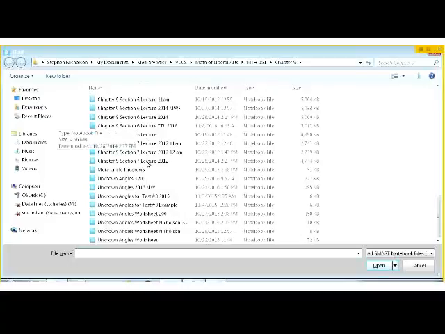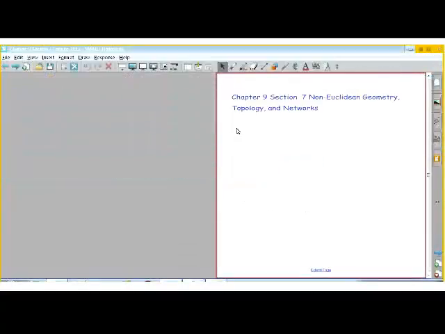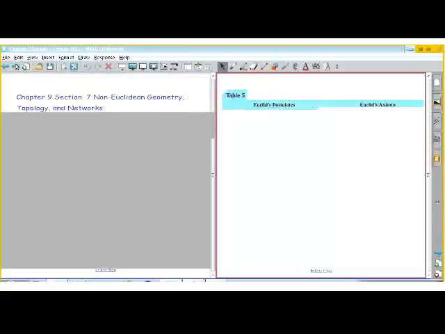And the final thing we're going to talk about in Section 9 is Section 7. So there are other topics in geometry that you may not have talked about. Non-Euclidean geometry, topology, and networks.